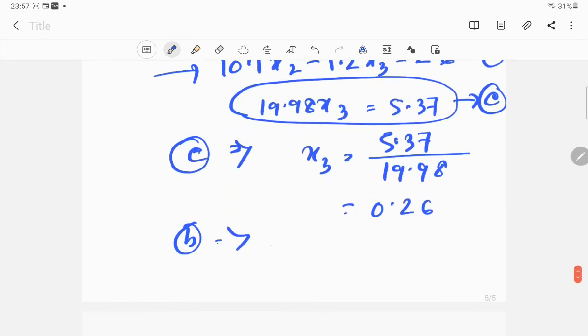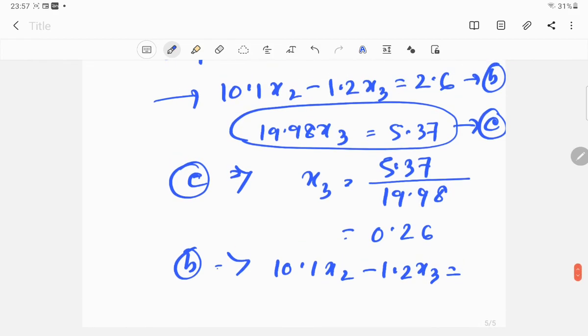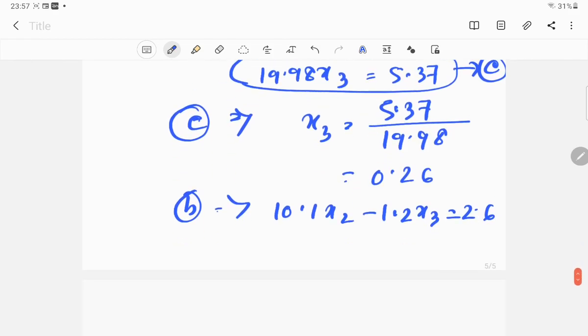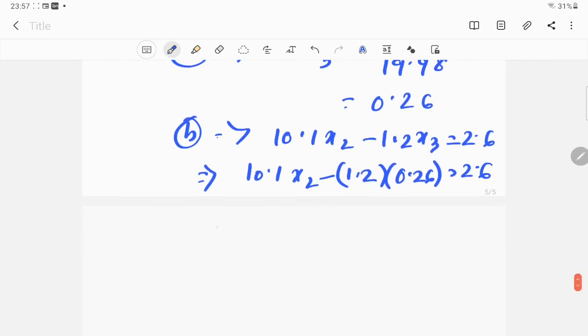So B means 10.1 x2 minus 1.2 x3 is equal to 2.6. You have the value of x3, so 10.1 x2 minus 1.2 into 0.26 equals 2.6.